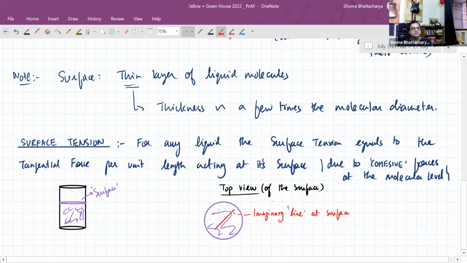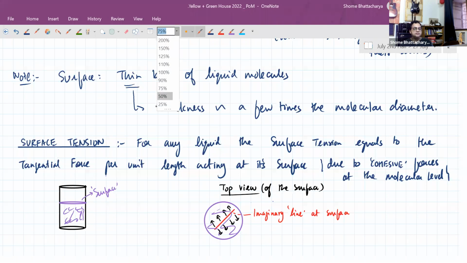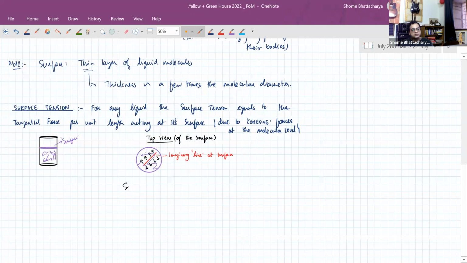This line of molecules at the surface will be experiencing forces which are tangential from either side like this. So that tangential force per unit length is the surface tension.